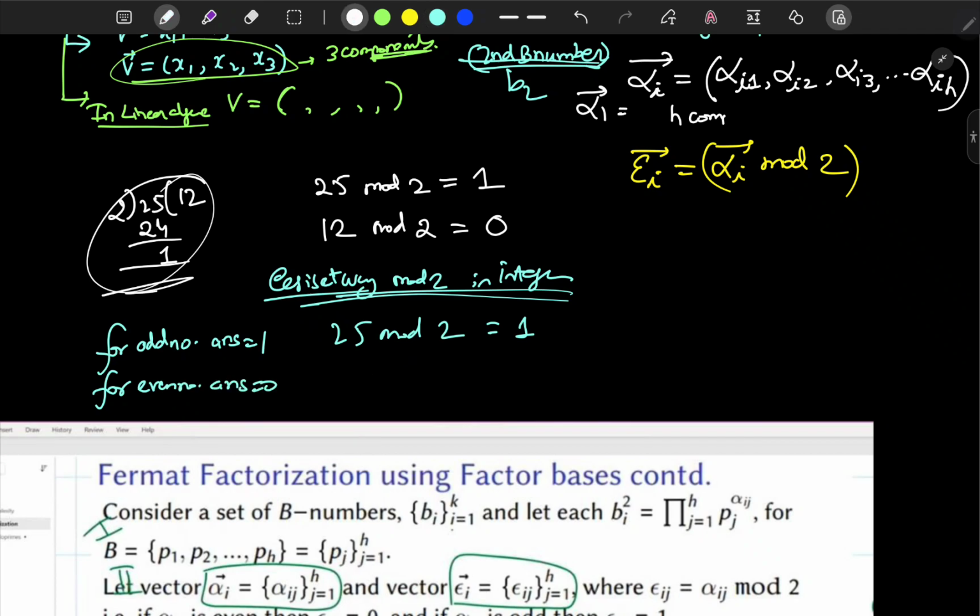So if anyone asks 3684 mod 2, since this is an even number, the answer is 0. This is the simple trick.